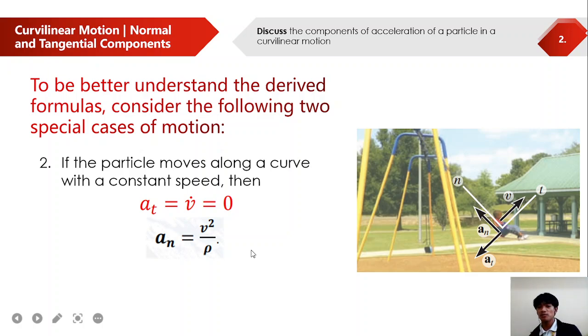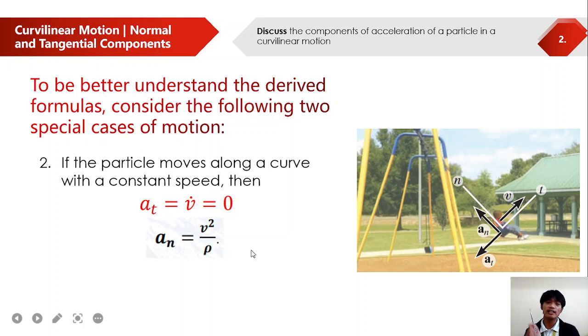But if the particle moves along a curve with a constant speed, the one that becomes zero is the tangential component. The a sub n now has a value, because it is v squared over rho. It does not respect the path or direction of the velocity of your particle, because it has its own origin.